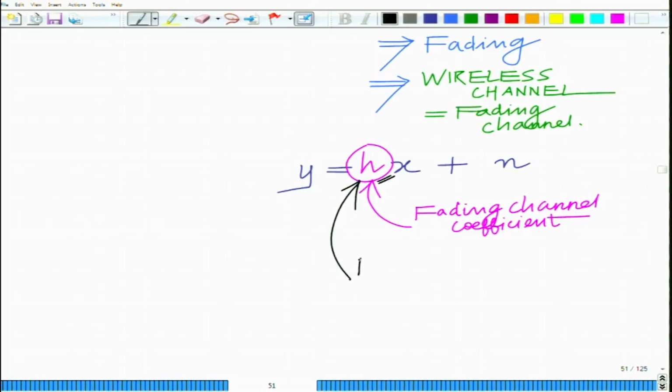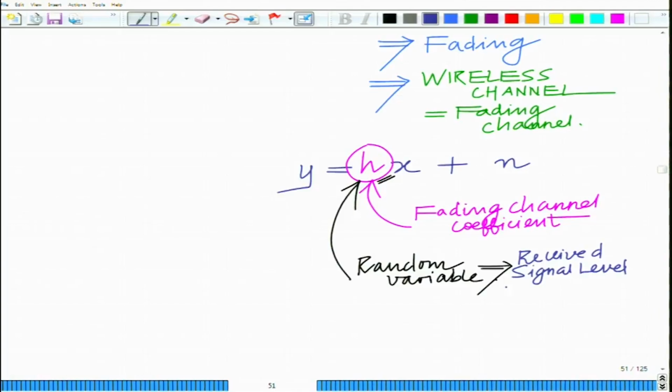The important thing to note is, since the received power is random, this fading channel coefficient is a random variable. This implies that the received signal level is random in nature.